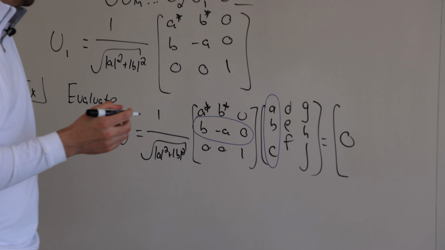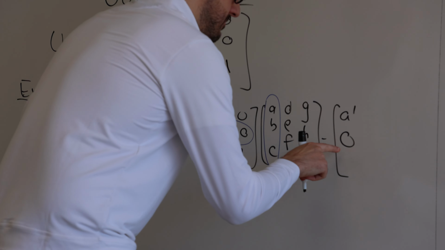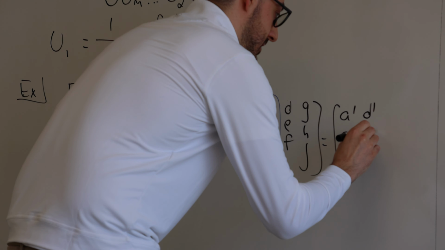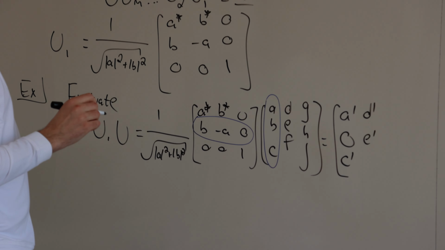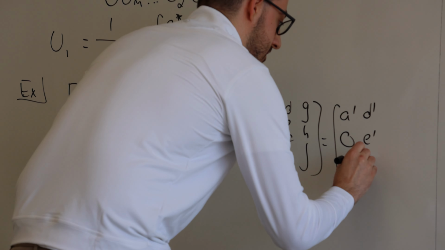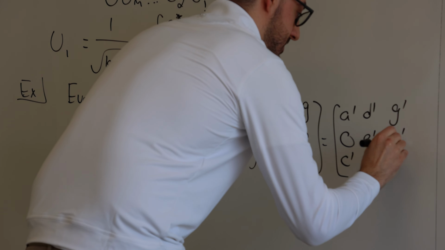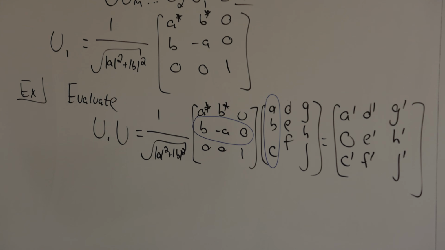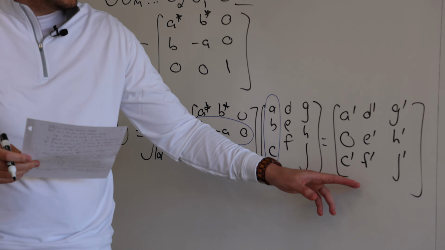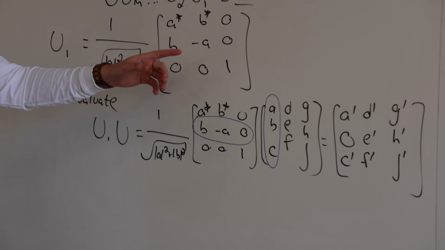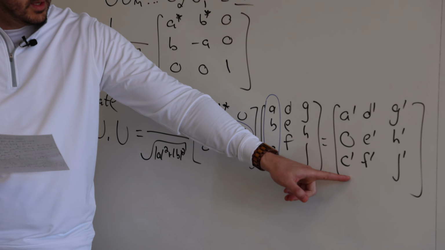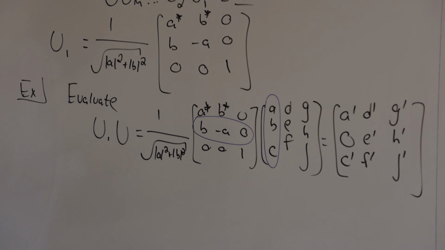Then let's call the other ones some new matrix elements: a prime, b prime went to 0, so we'll have c prime, d prime, e prime, f prime, g prime, h prime, and j prime. Does everyone see this? This is nice. Now we have a result that's starting to look more like the identity matrix. We've zeroed out one of the matrix elements in the first row. Now I would like to zero out the second one.